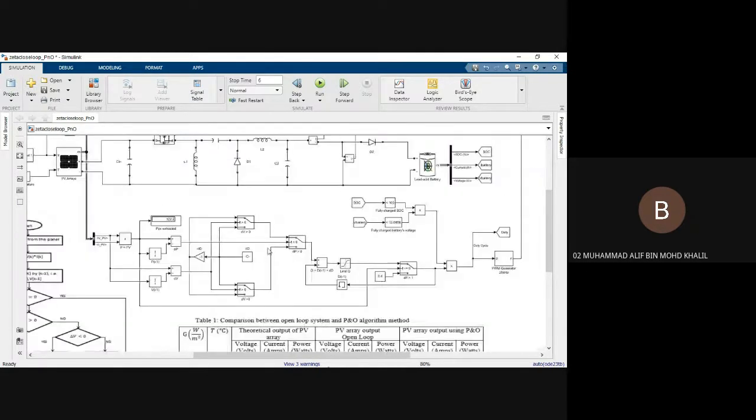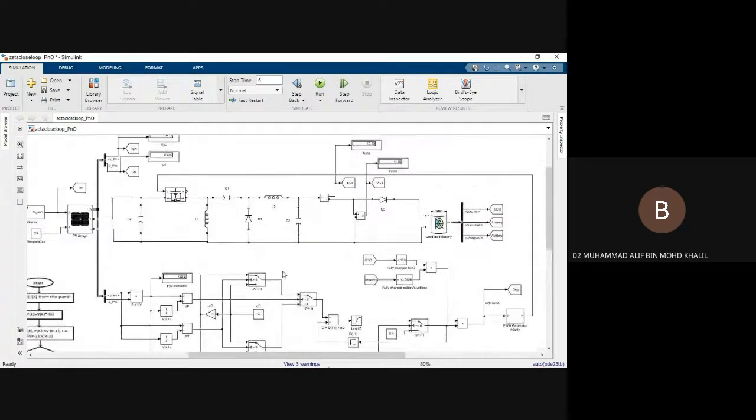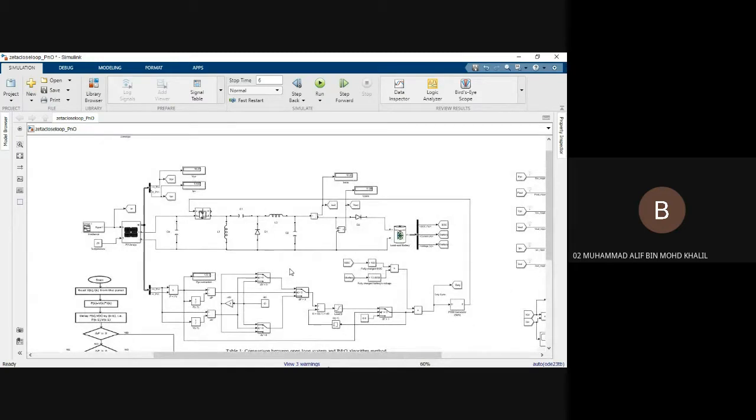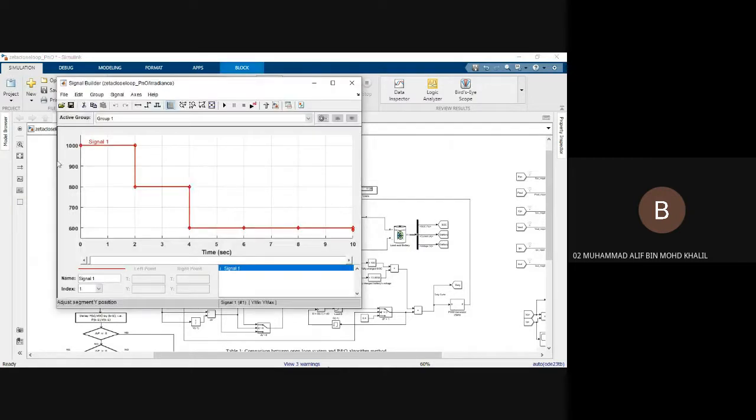Okay, this is the overall circuit for the design. The irradiance that I choose, which goes into the PV module, is a step signal, which means that it will be reduced by 200 irradiance every 2 seconds.